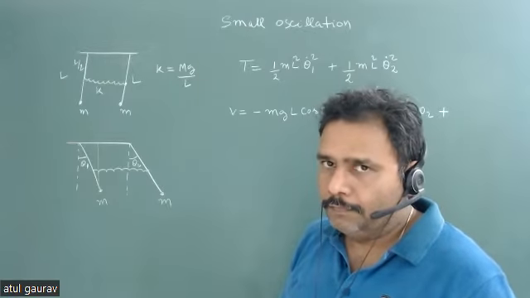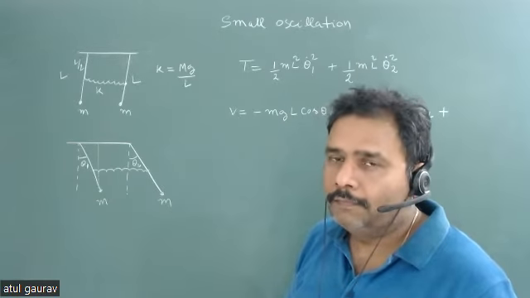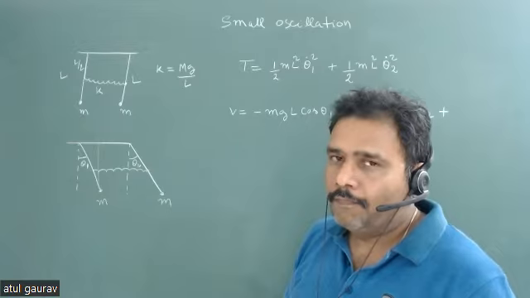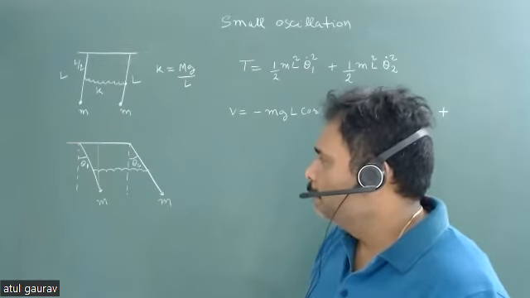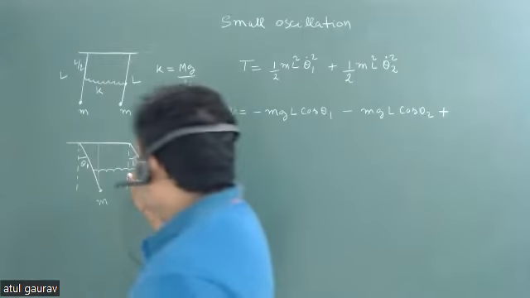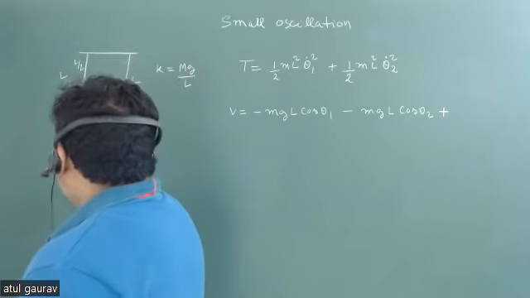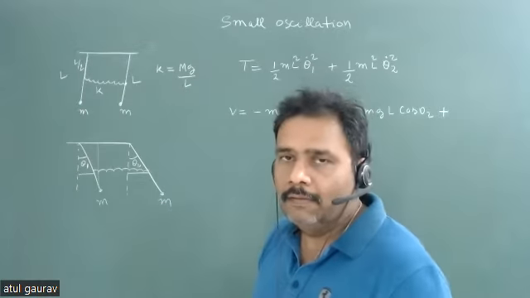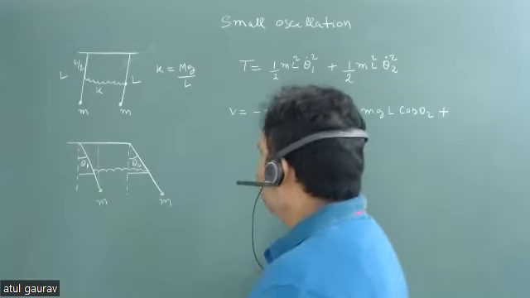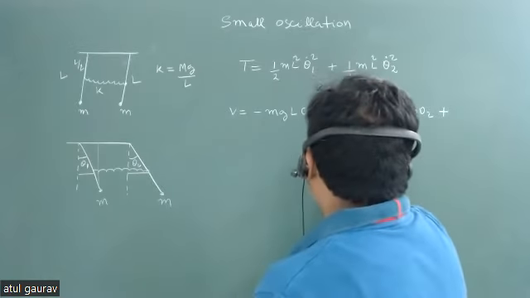θ2 is the elongation. This distance minus this distance is the elongation, isn't it? Yes. So what is this distance? Tell me, what will it be? So you will just go for half.